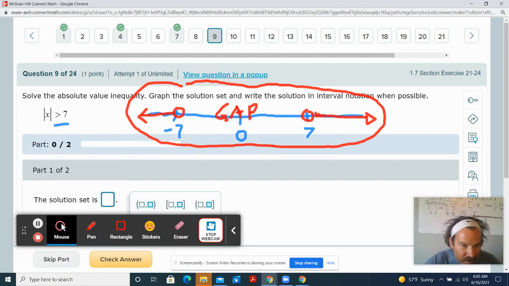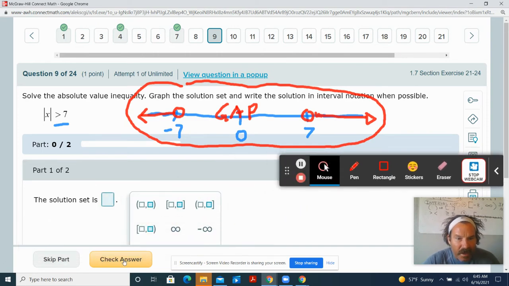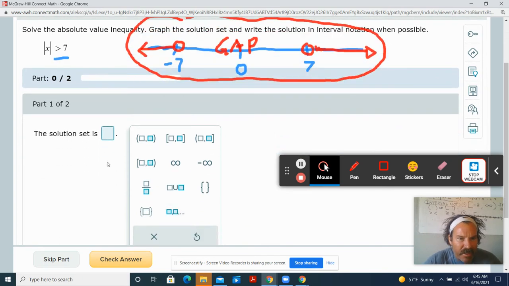The way to write your solution set is a little bit different. Let me put this over here. Okay, so we notice when we click the box, we have all these different icons here. So notice the one right here, the one that has this big U, that means that's the gap.